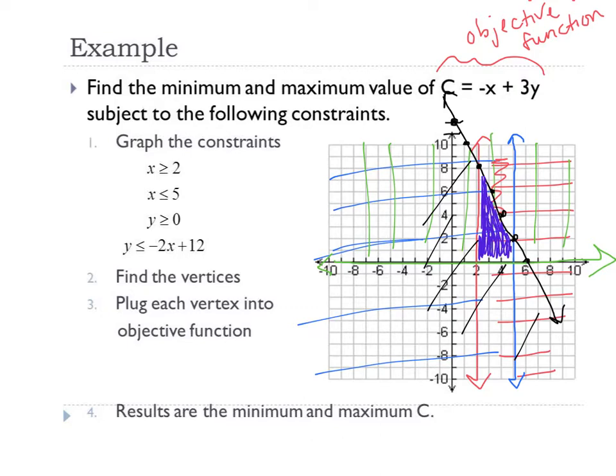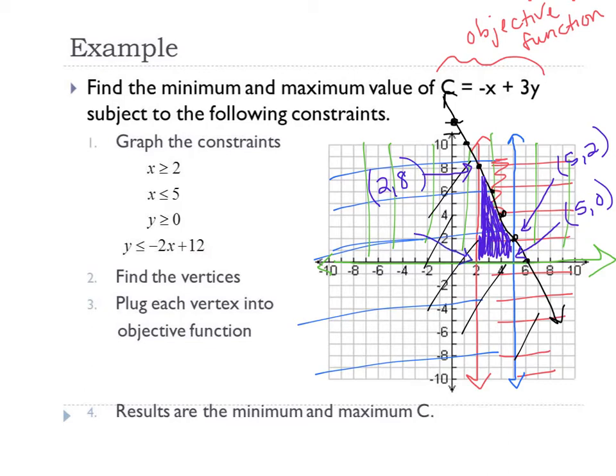Number two is find the vertices. Okay, so what are my vertices? Well, this one down here looks to be 5, 0. We have one right here that looks to be 5, 2. This one over here is 2, 8.